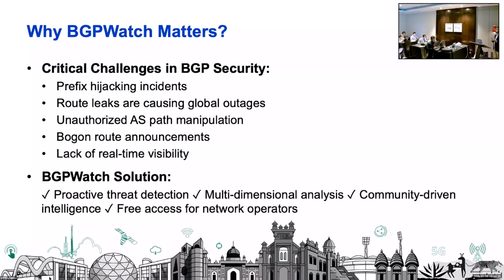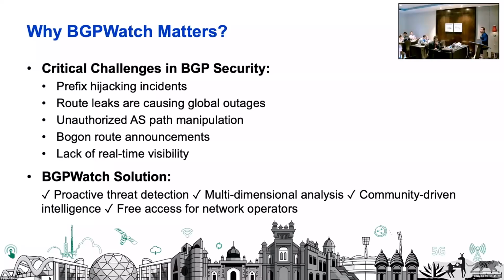Bogon routes are reserved routes and reserved prefixes, private address ranges, that are not supposed to be available in the global routing table. If someone announces those bogon routes to the global routing table, that could cause problems.